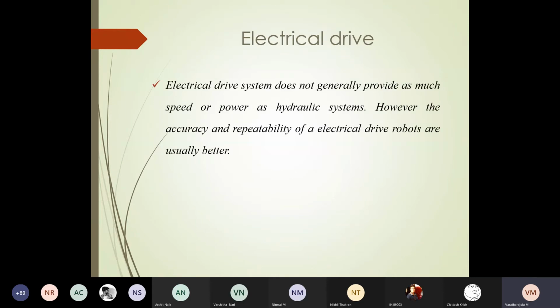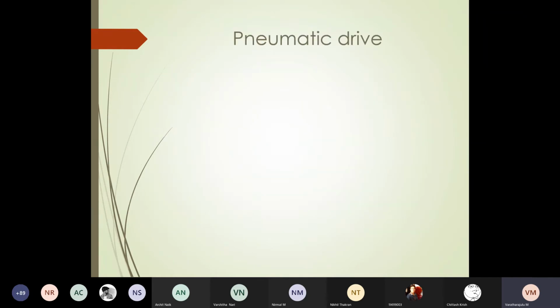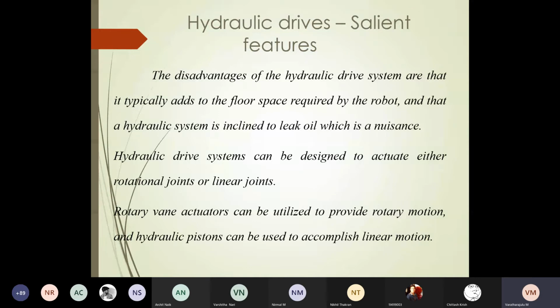Concerning the electrical drives, in view of the hydraulic system, when we are talking about the hydraulic system, we should be conscious about the fluids and their properties, and we should be aware of Pascal law, Bernoulli's equation, continuity equation.